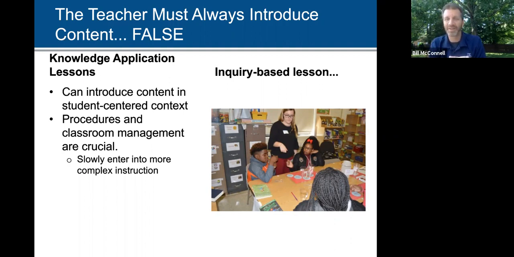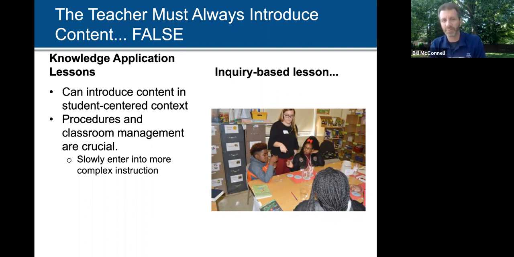I just want to make sure that we realize that this wouldn't be the first week of school with these knowledge application lessons, and that the complexity in some of these instructional models can make it difficult for your students unless you have some sort of structured procedure that students know they need to go through. And then by the end of the year, though, they're innovating. They're doing things that you never thought they could do.